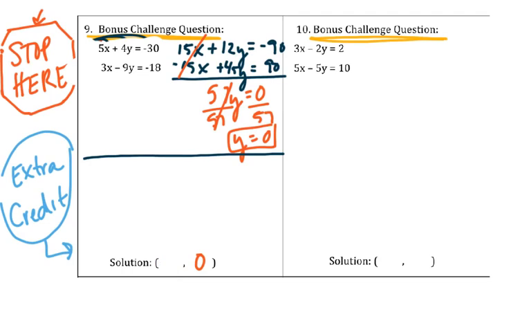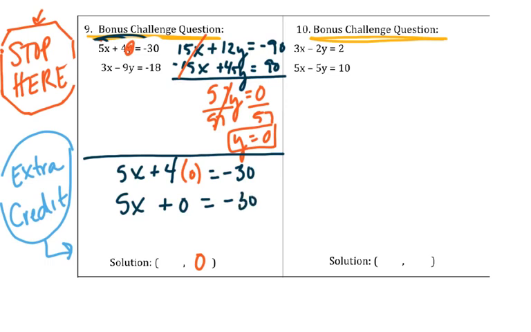So I'm going to rewrite the first equation, 5x plus 4, instead of this y, I know that y is 0, equals negative 30. 5x plus 0 is negative 30. Solve for x. 5x equals negative 30. Divide by 5. X is negative 6.